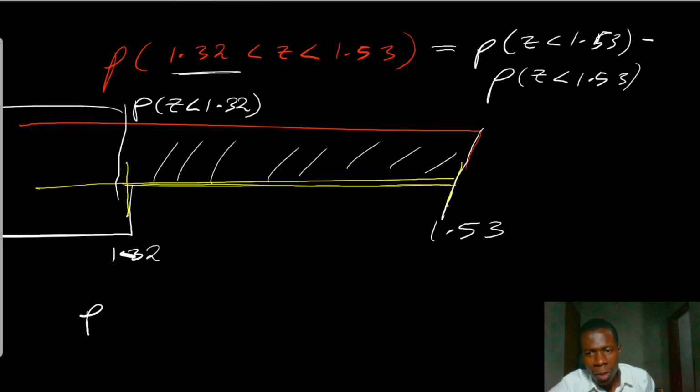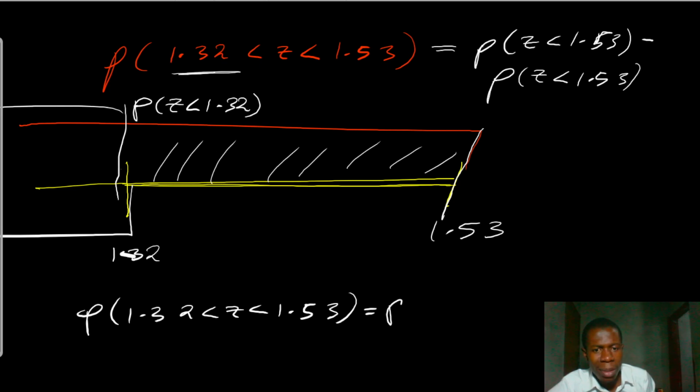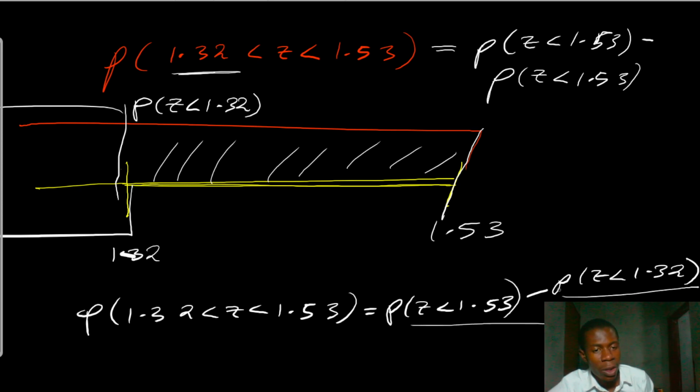So the probability of 1.32 less than Z less than 1.53 is equal to the probability of Z less than 1.53 minus the probability of Z less than 1.32. You know how to find each probability on the diagram. You just do the subtraction there, and you'll find the answer.